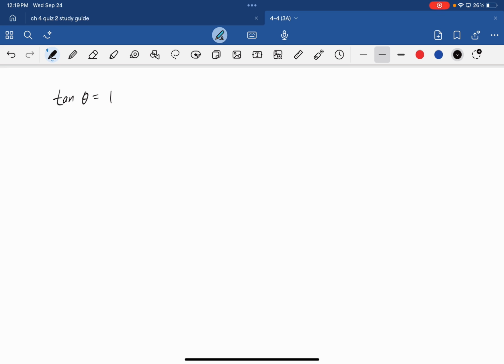Not guess, but just know. When tangent theta equals 1, then that means sine and cosine are the same, right? Because tangent is equal to sine over cosine. And sine and cosine are only going to be the same if they're both equal to plus or minus root 2 over 2. So these are the only two possibilities for sine and cosine to be the same.